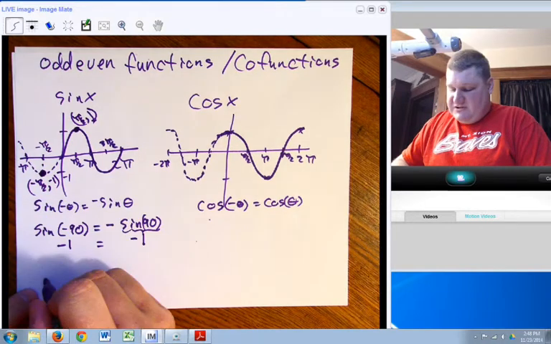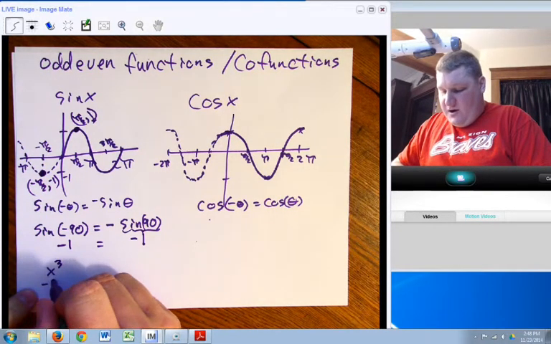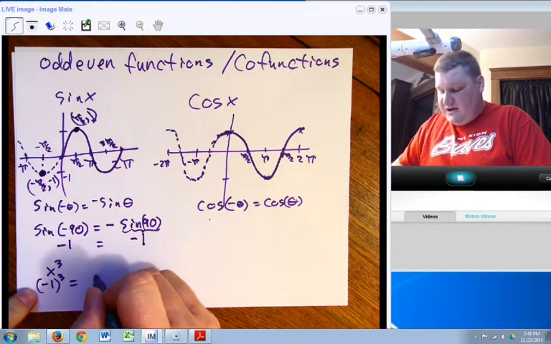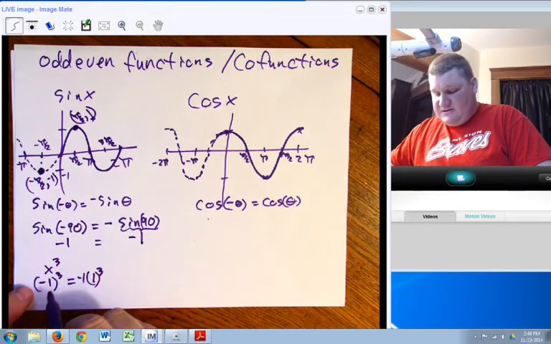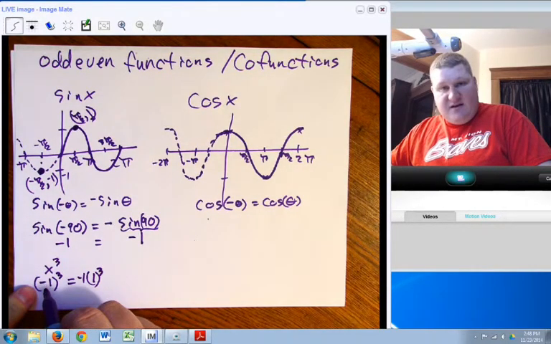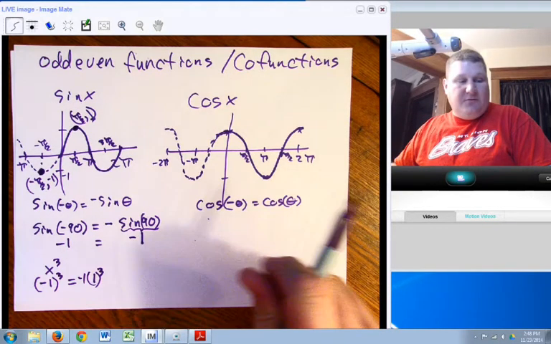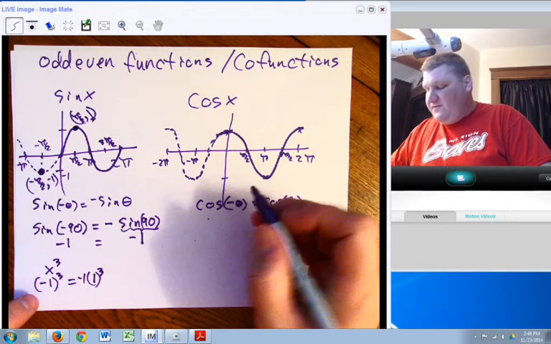Just like if I took x cubed and I said negative 1 cubed, it's going to equal the same thing as 1 cubed, but times negative 1, because negative times negative times negative means the negative's still going to exist when we're done cubing it. So that is an example of an odd function. Now let's go over here on the even function side.